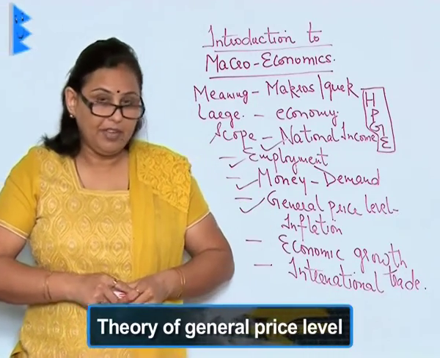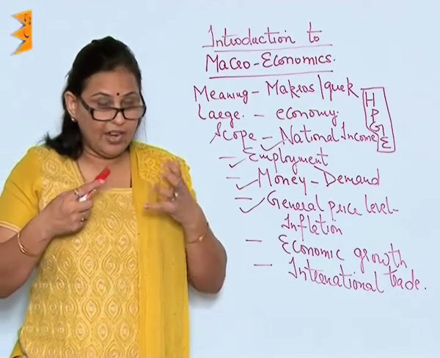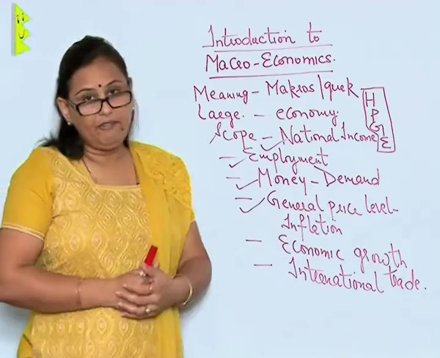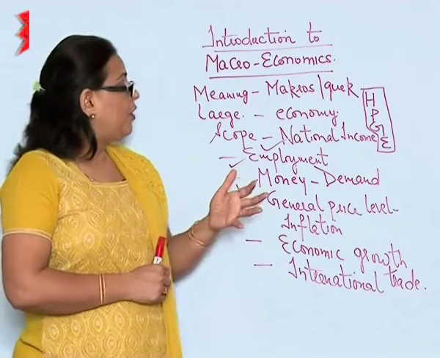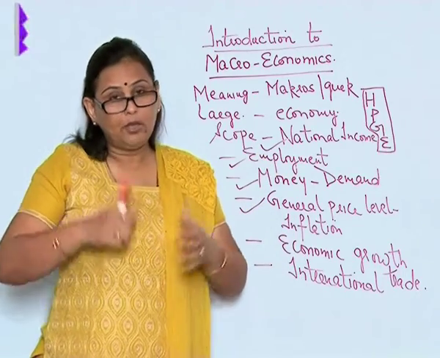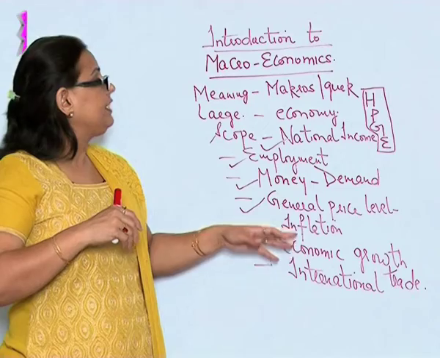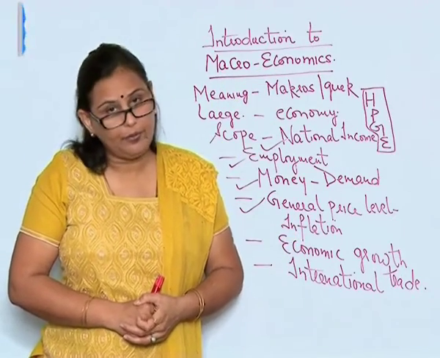This is very interesting, as we will talk about price rise and price fall. You shall see that inflation and deflation come in the country because of certain points which we will study in detail, and it all comes under the heading of macroeconomics.